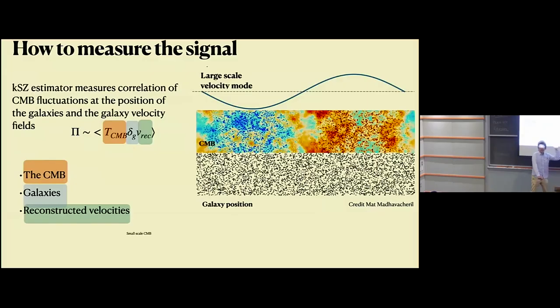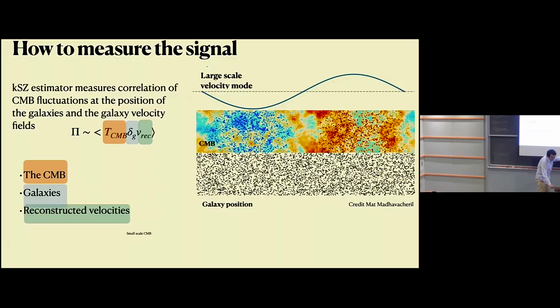So what is this kSZ effect in more detail? I really like this toy model from Moths, where essentially what we measure is this 3-point function, T-G-G, because of these large-scale velocities modulating the CMB, and then there's a correlation on the small-scale electron densities. So for this measurement, we always need the CMB, the galaxies, and the reconstructed velocities.